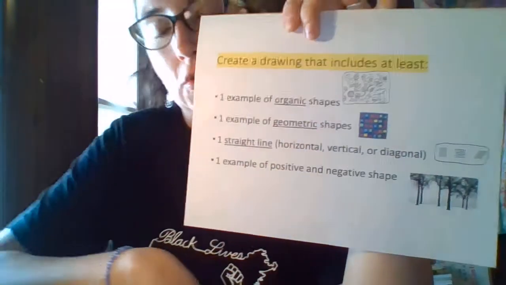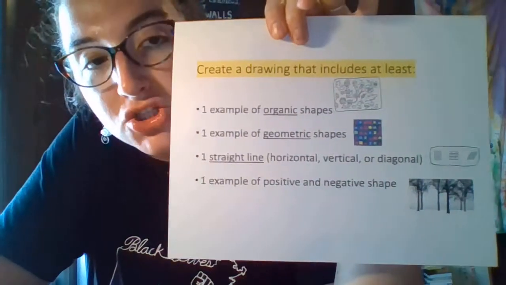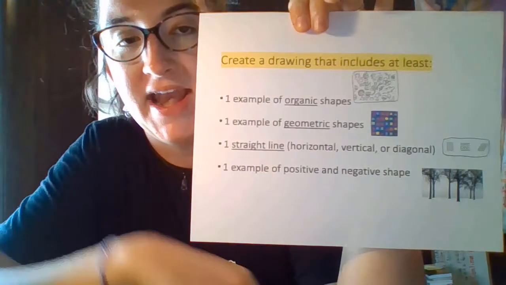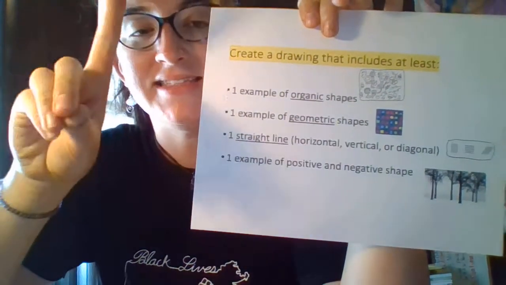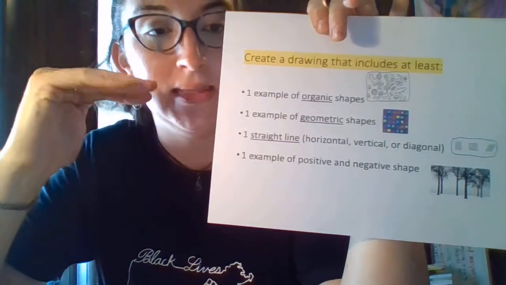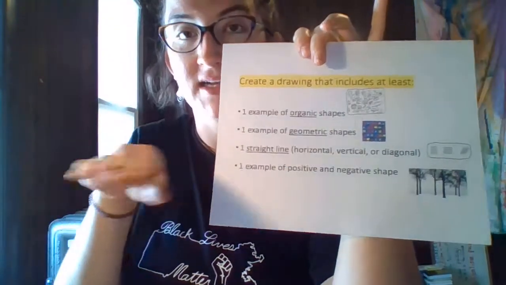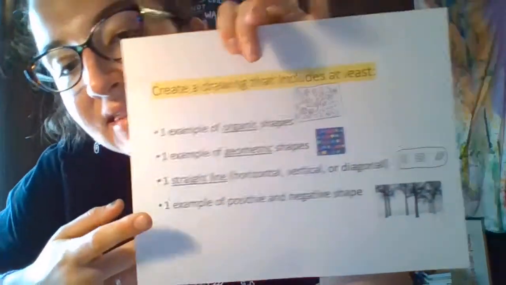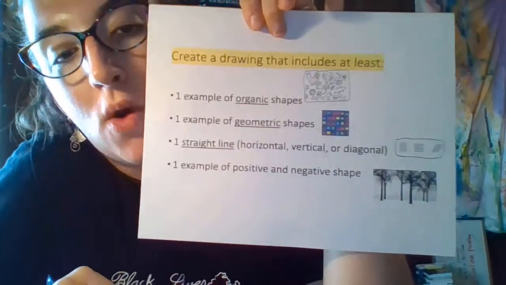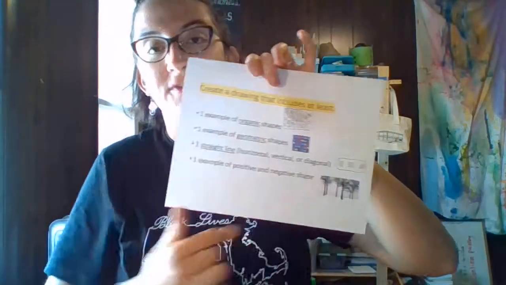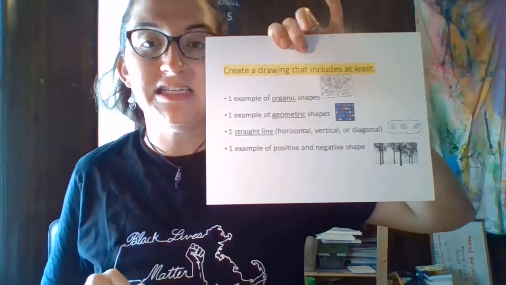Your job is to create a drawing that includes at least 1 example of organic shapes, 1 example of geometric shapes, at least 1 straight line. It can be horizontal, vertical, or diagonal. The last thing here is include 1 example of positive and negative shapes. This list of your project criteria is listed in your PowerPoint where you found this video.